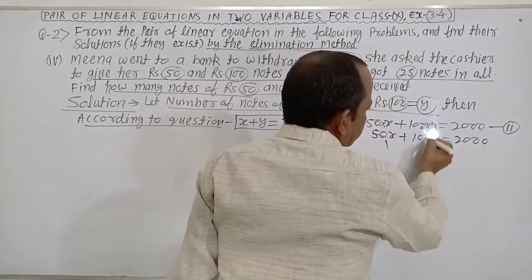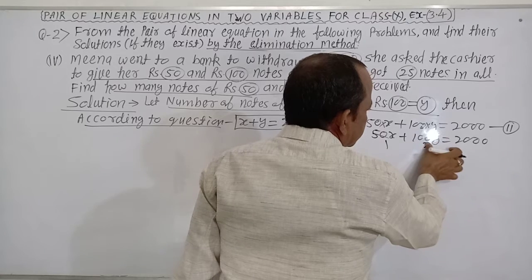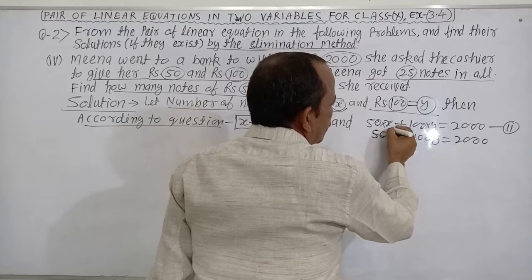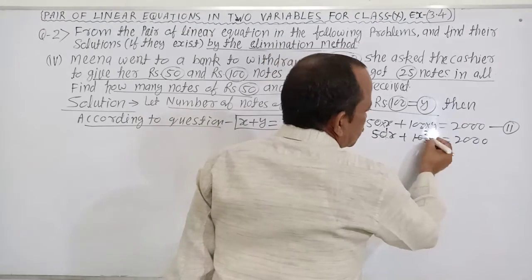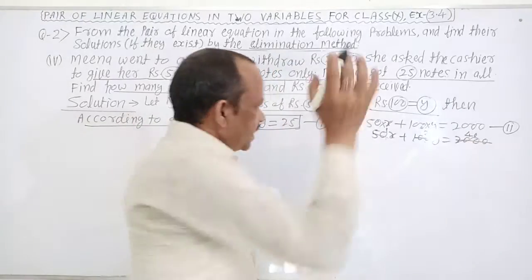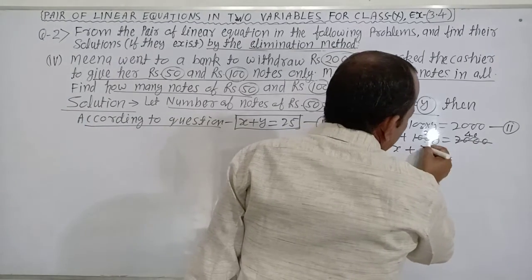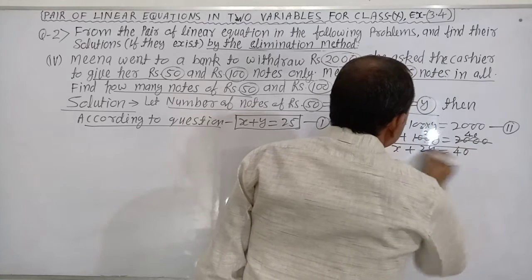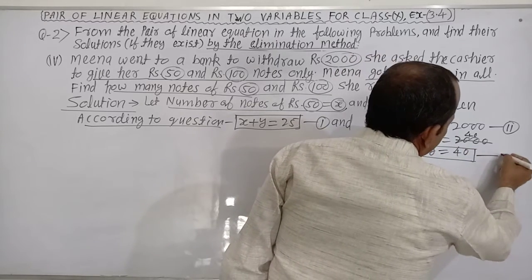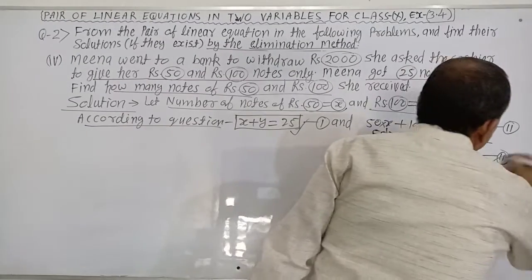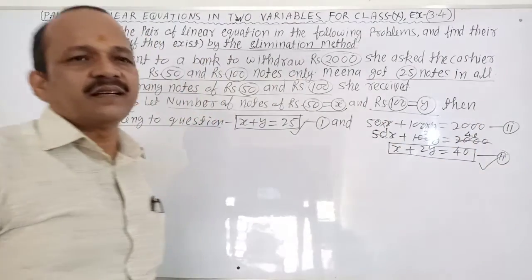You can cut it: divide by 50. It becomes x plus 2y equal to 40. It is equation second. You find equation first and equation second.